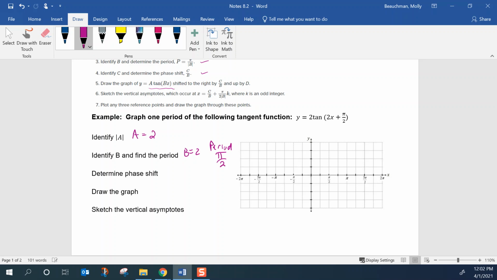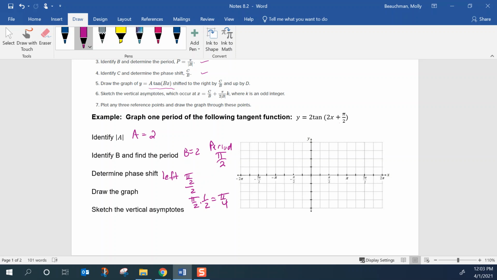So the period of this tangent function would be pi over 2. The phase shift, since we have 2x plus pi over 2, is going to move to the left, pi over 2 divided by 2. Pi over 2 divided by 2 is the same as pi over 2 times 1/2, which equals pi over 4.